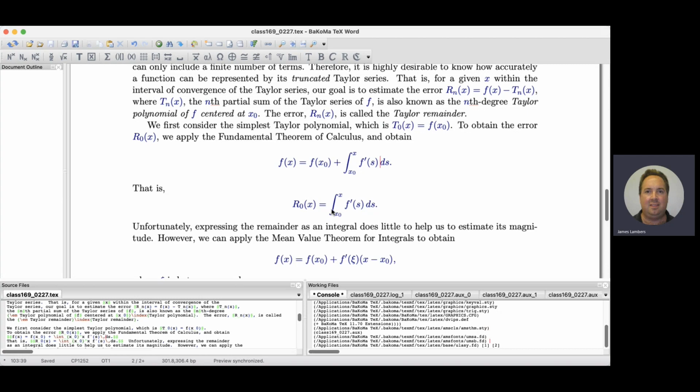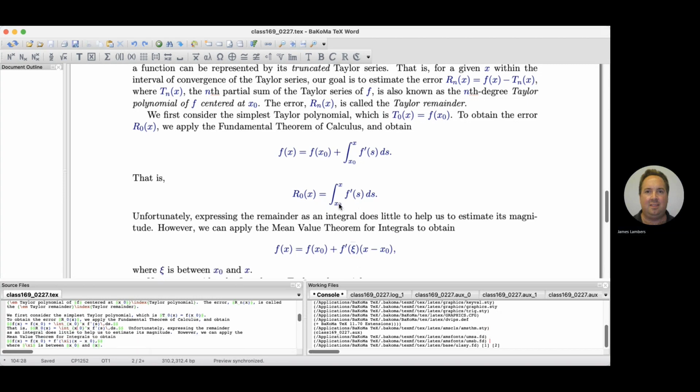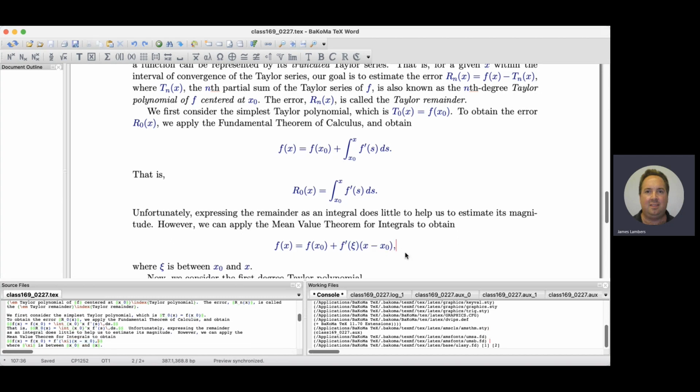And what the mean value theorem for integrals says is that this integral is equal to the integrand, f prime, evaluated at some unknown point that's between the two limits, times the difference of the limits, x minus x naught. So this is an alternative form of a remainder.